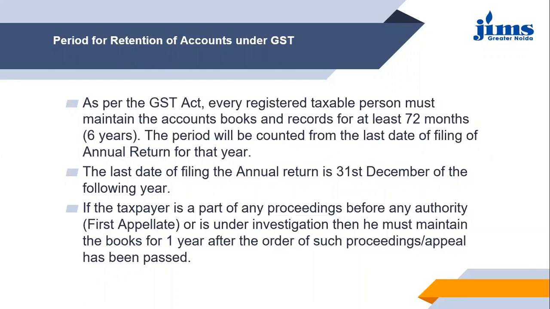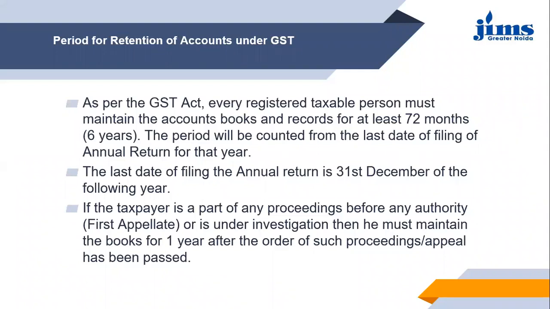For last year, it is 30th September. For this year, due to the pandemic, it has been extended till 31st October. So for 2019-20, the last date for filing of annual returns was 30th September, but it has been extended to 31st October.